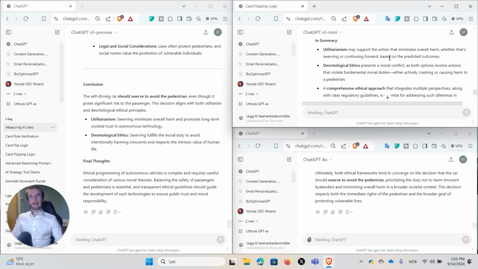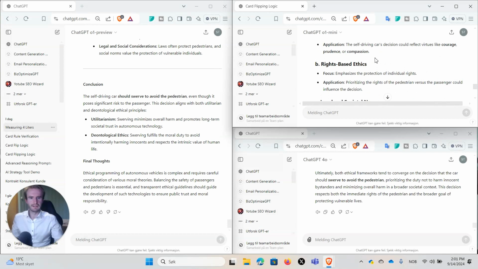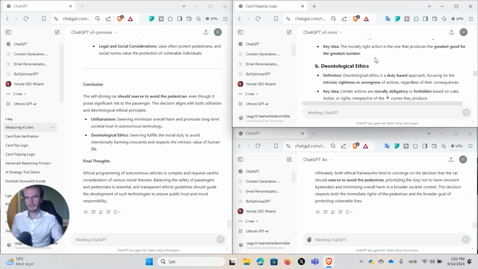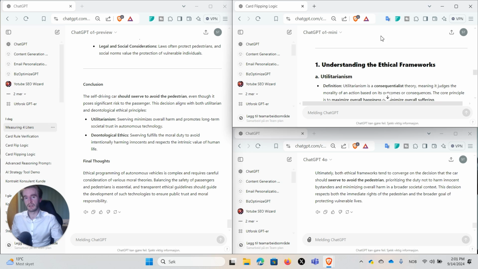That may take you a step back and consider that O1 mini may take some more ambiguity into account, but also makes it less able to make ethical conclusions. It does really well in making ethical considerations, but it's not as good at making ethical conclusions. So that seems to be a challenge with O1 mini, and that may be something that can be improved compared to the other ones.